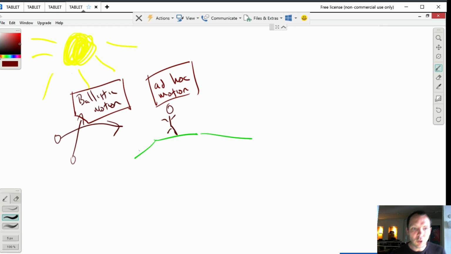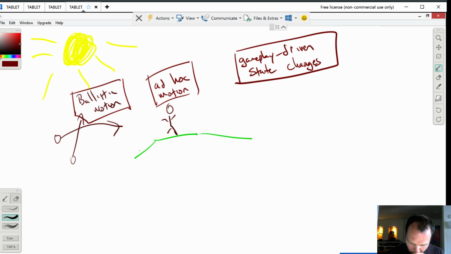But there's a third thing that is not even motion, right? It's gameplay-driven state changes. That's a very general word, but this is a very general situation, right? So for example, we've got a cannon, and it fires a monster.